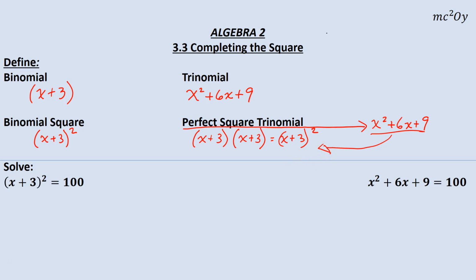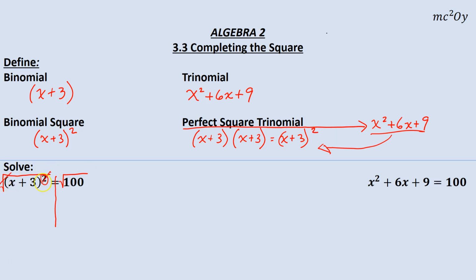With that information, I'm going to show how we can use this to solve equations pretty easily. Notice if I have x plus 3 quantity squared, let's set it equal to 100. Now, rather than multiplying it out and getting x squared plus 6x plus 9, and then having to figure out how to factor it or solve it, what we could do is take the root of both sides. I can get rid of this square by taking the square root.